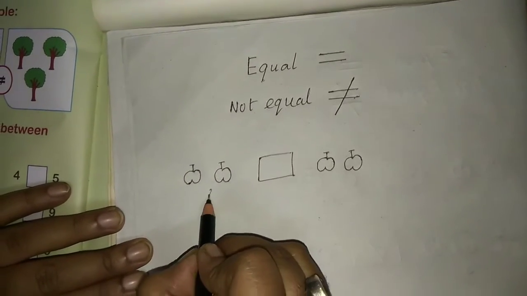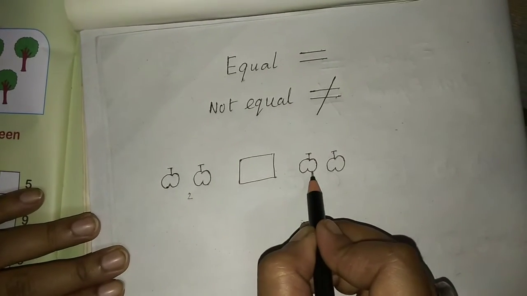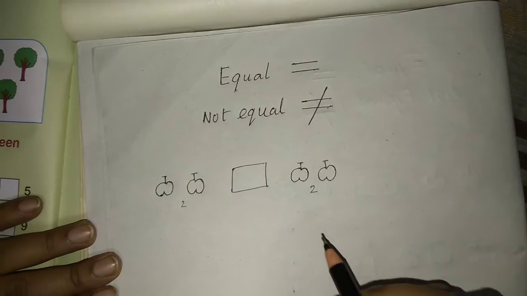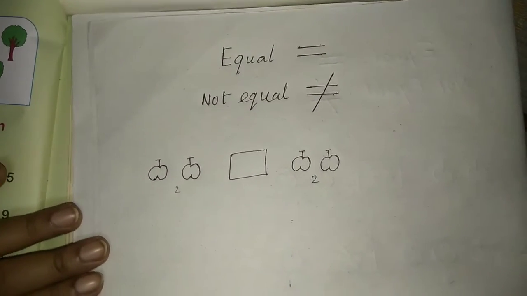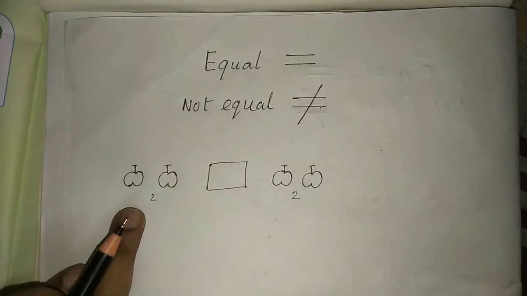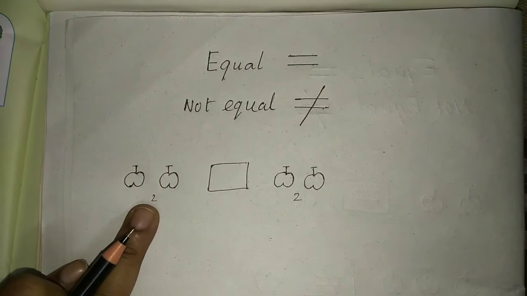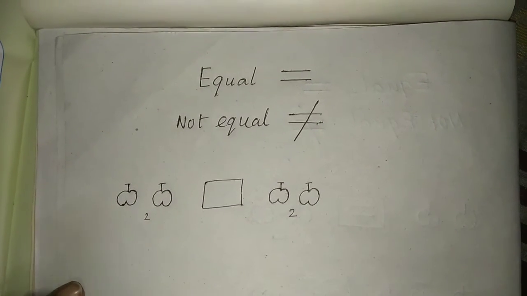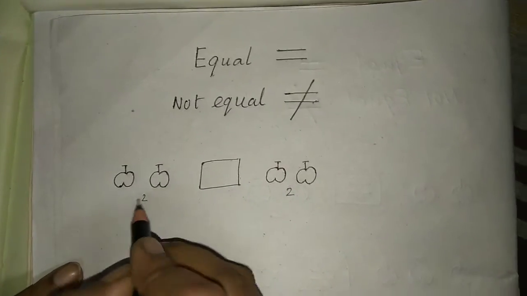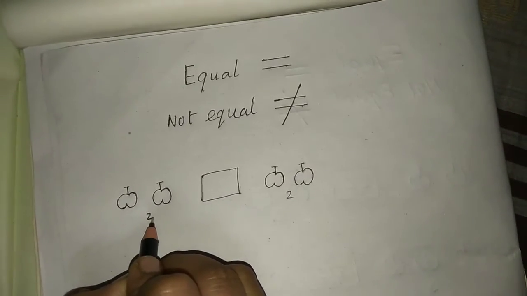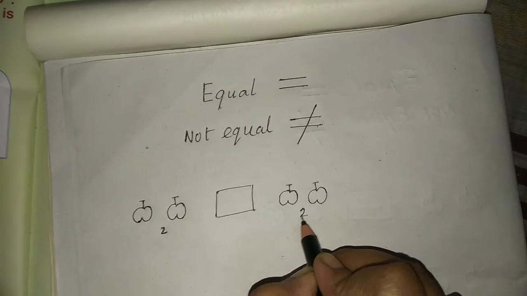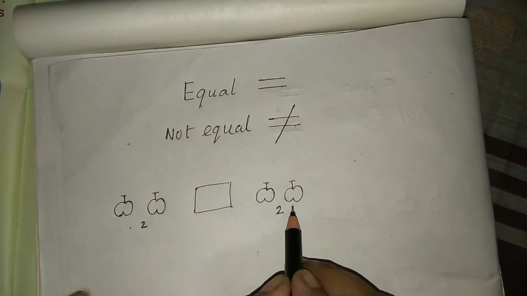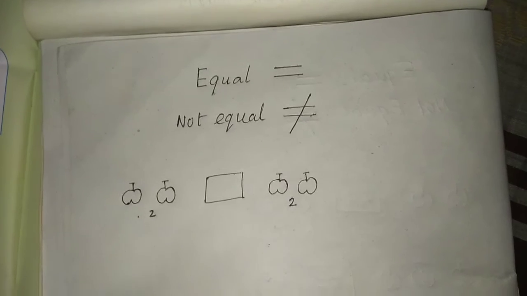I am writing 2. And on the right side, 1, 2. Again I am writing 2. Now look carefully: the number of objects on the left side and the right side are the same. That means both sides are equal in number.